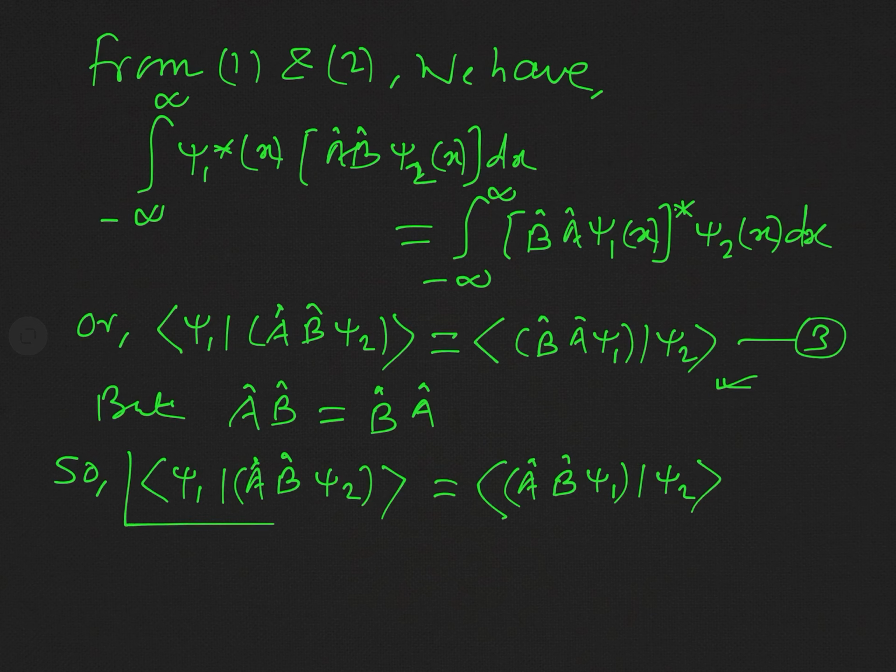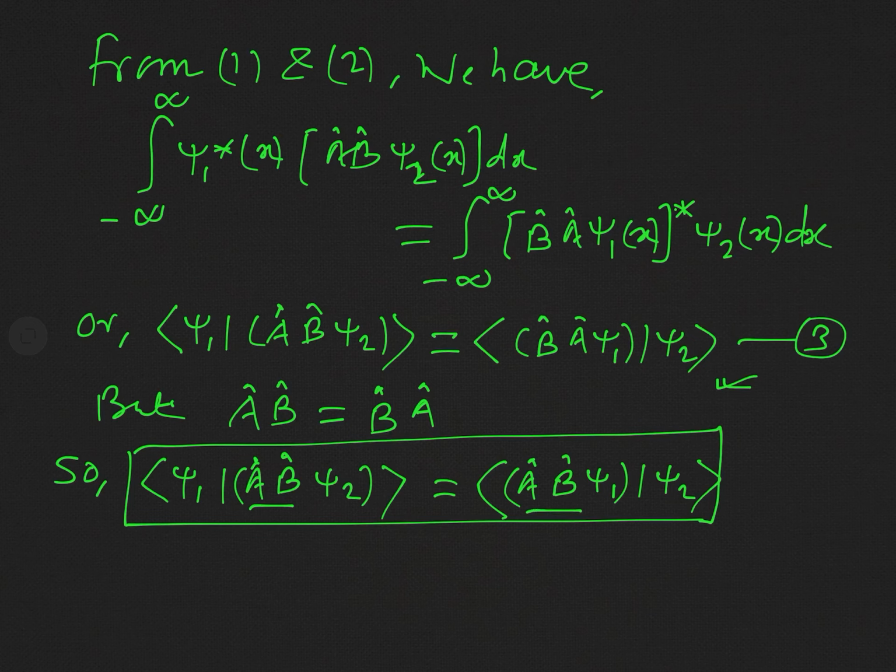And what does this property refer to? From the definition of Hermitian operator we know that if the product of the operators A and B, that is A hat B hat, is linked to psi2, and then we take its scalar product with psi1, and if it is the same as the result when we link this operator with psi1, then the operator A hat B hat will be a Hermitian operator.